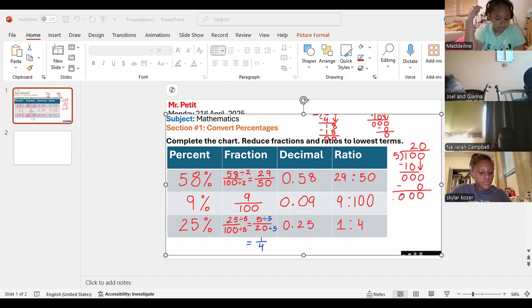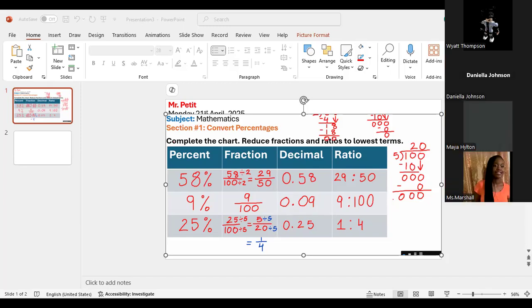Seth, what does the question say? The question says 2/4. Okay, good. How are we going to simplify this? 1/2. Why do you say 1/2?